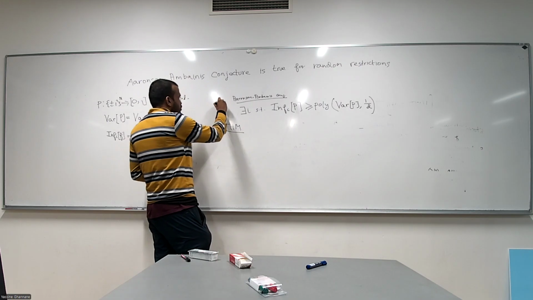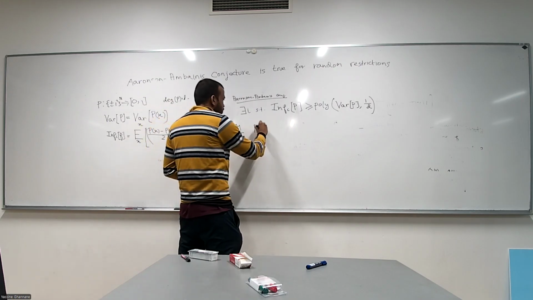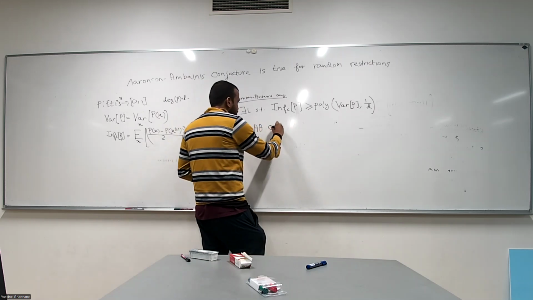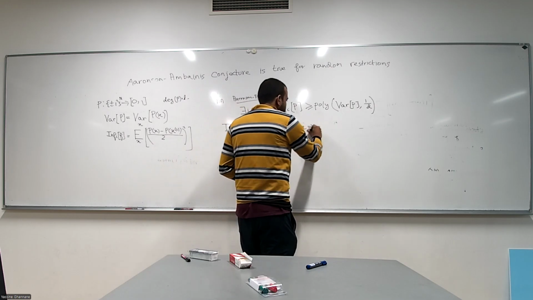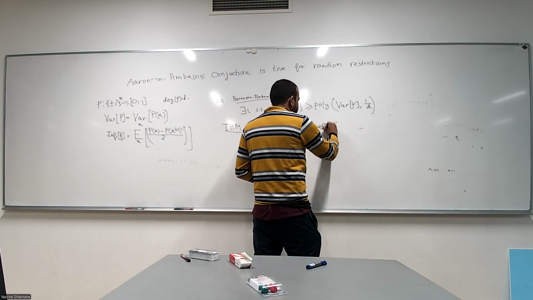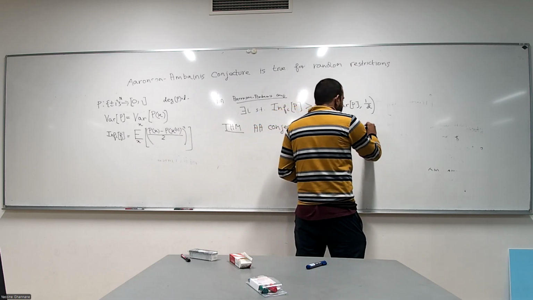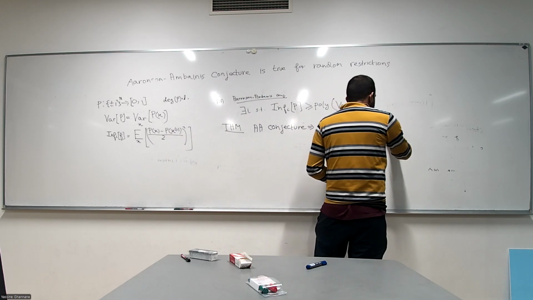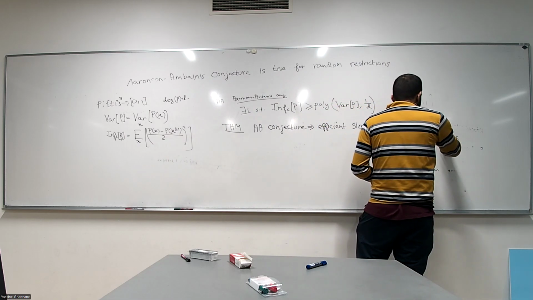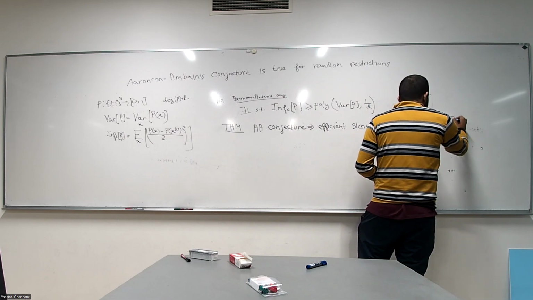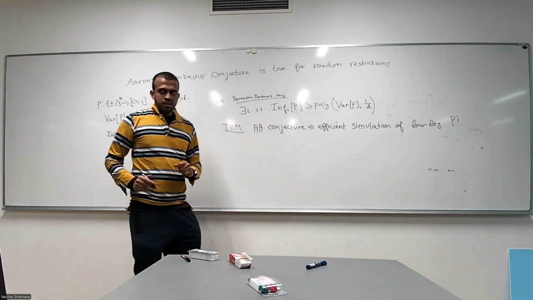Let's call this the AA conjecture because it's shorter to write. Right. So let's quickly see why this works.